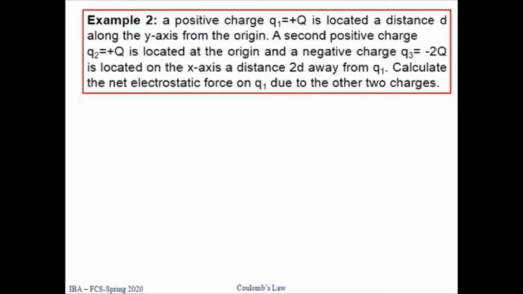The second point is the force vector. Let me define a positive charge placed here and another positive charge placed somewhere at this point. The distance between these two charges, say r.